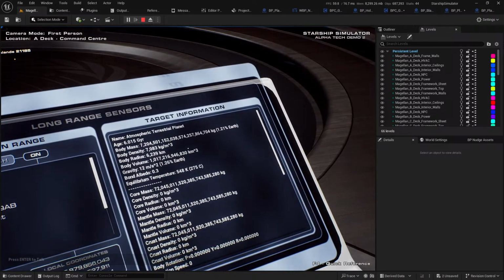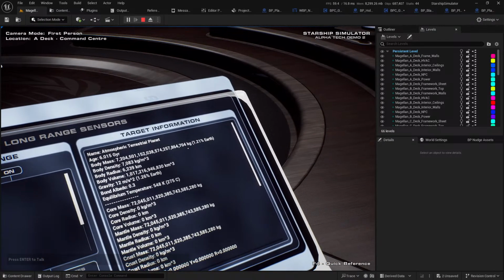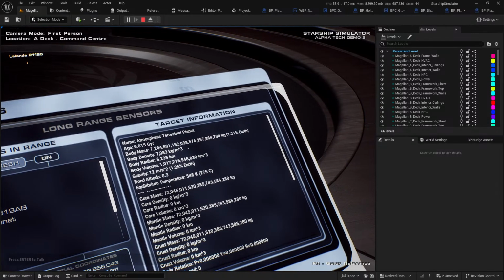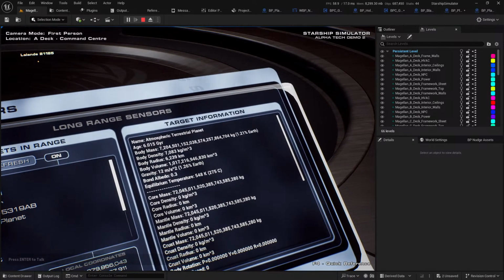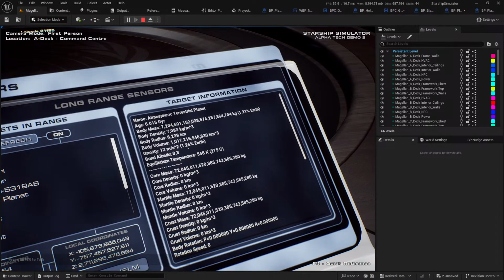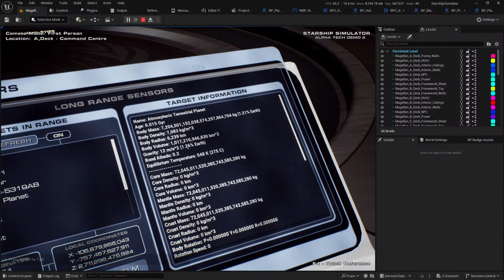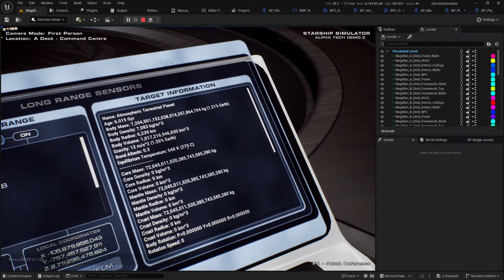That's a lot more like what you'd expect. More mass than Earth, a greater average density, because I think Earth's average density is like 5,500 kilograms. Thus we have more gravity as well, so that's good. And the Celsius is correct as well.